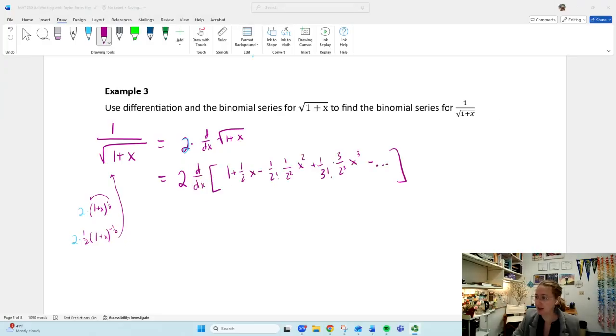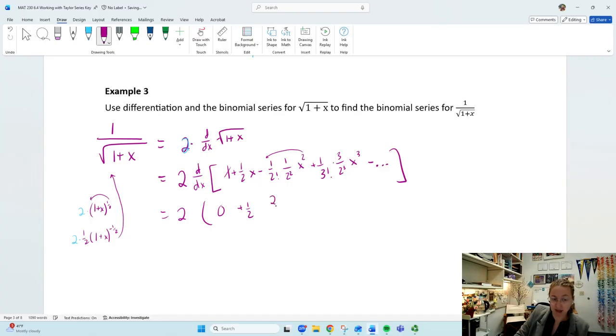So now I can take my derivative of square root of 1 plus x by taking my derivative of each part that I have there. My 2 is still just chilling. Derivative of 1 is actually just going to be 0. Derivative of 1/2 x is going to be 1/2. This 2 is going to come out and multiply, so I'll have 1 less 2 right here. But I'll just write it as 2 over 2 factorial times 1 over 2 squared x.